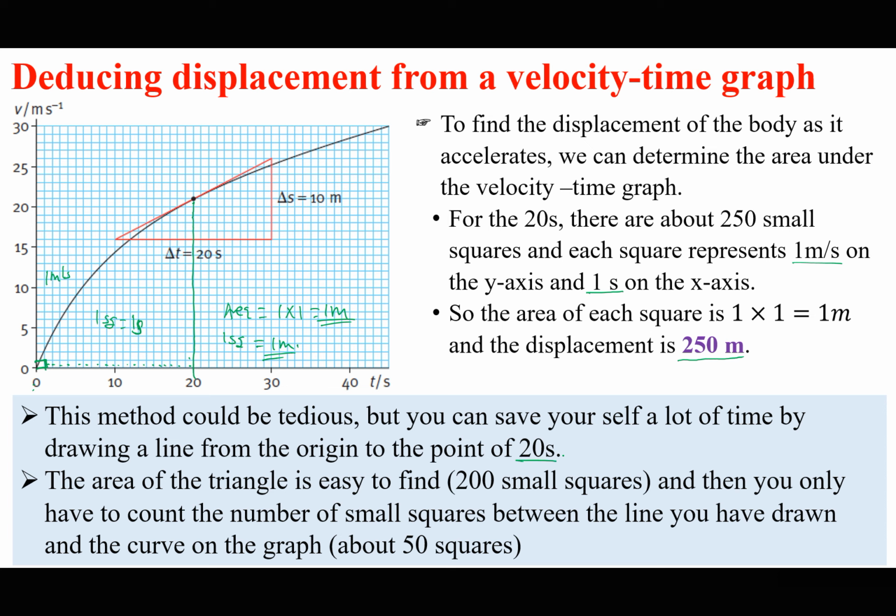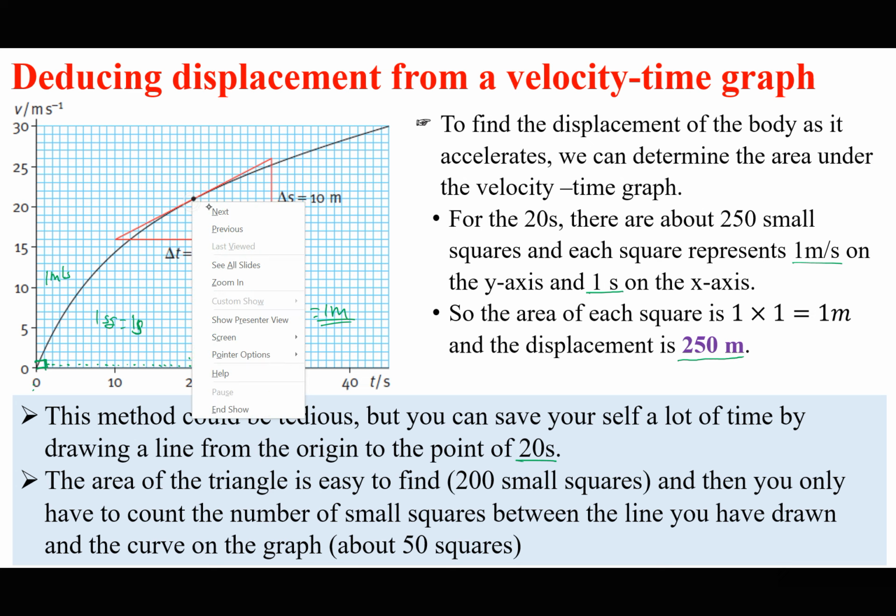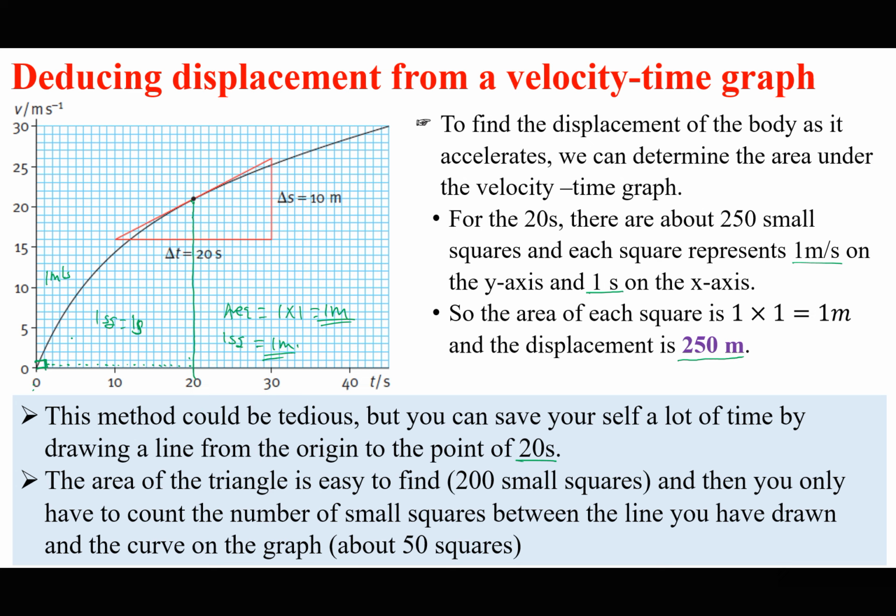So instead of counting all the 250 small squares, I would draw a line from the origin up to 20. So when I draw that line, I now have a triangle.